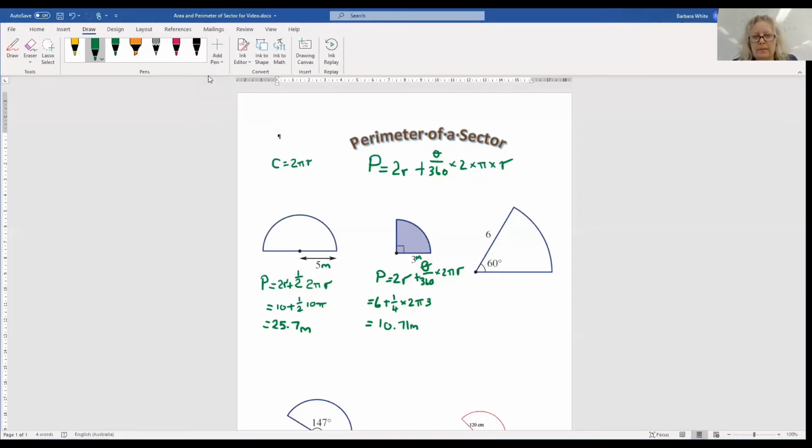Let's look at this one. Perimeter equals 2 times the radius plus, we can go 60 over 360. I could have just written 1 over 6 times 2 times pi times radius.